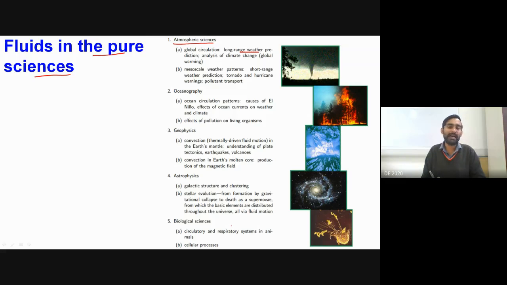For example, inside our body, our heart is pumping blood, which is a typical type of non-Newtonian fluid. Then we have arteries in our body, which act as pipes for the flow of blood. So the occurrences of fluid dynamics are there in a wide range of applications.